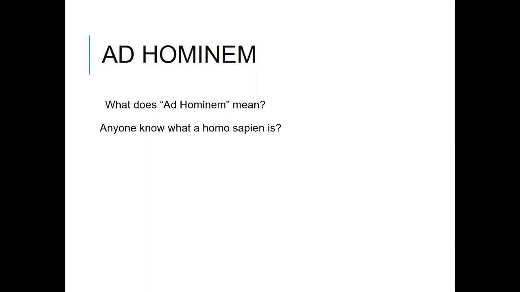So we are attacking the person itself. Now, the literal translation is "to the man," because remember, I apologize, ladies, but at the time, humans were considered what was called mankind, correct? So when you see the translation, that's what it says, but it really means humans.